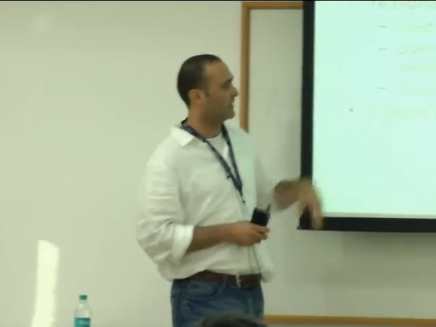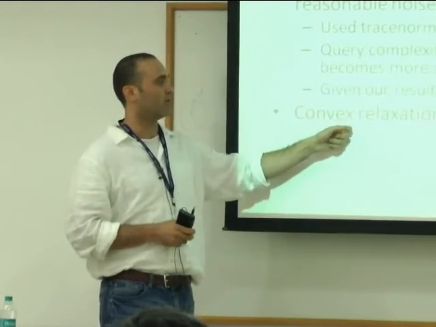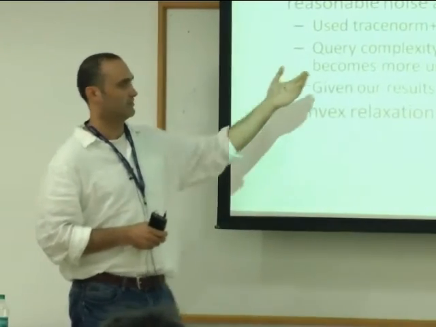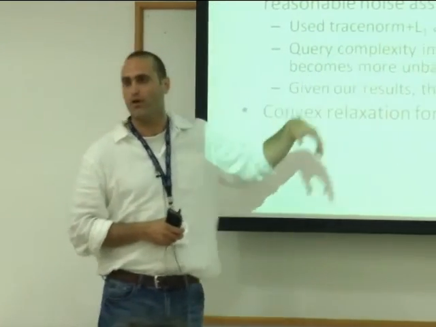And then once you have this result, you also can ask similar questions about convex relaxation a la trace norm plus L1, but not for clustering, for ranking. The problem is that the family of matrices that I showed here, these upper diagonal 1, lower diagonal 0, is not low rank. So that's sort of unfortunate. On the other hand, it has a low numerical rank.